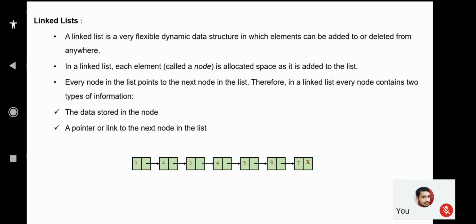That means this points to 6. It means this part holds the address of 6, so logically the linearity came. Okay? Any question?